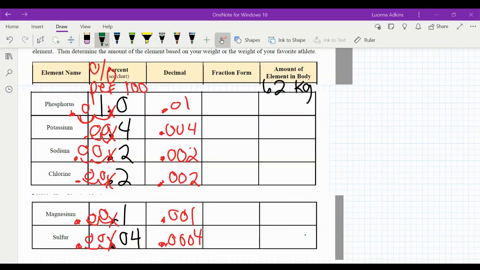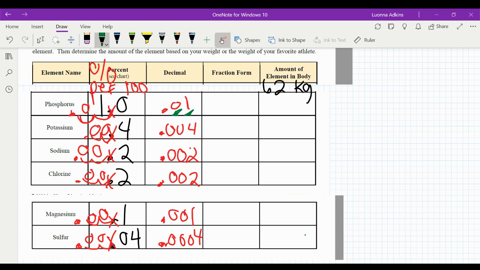We're going to look at our table that we started recording our data on, and changing your percent to a decimal. Now we're going to take that decimal and change it to a fraction. So what we're going to do is look at place value.